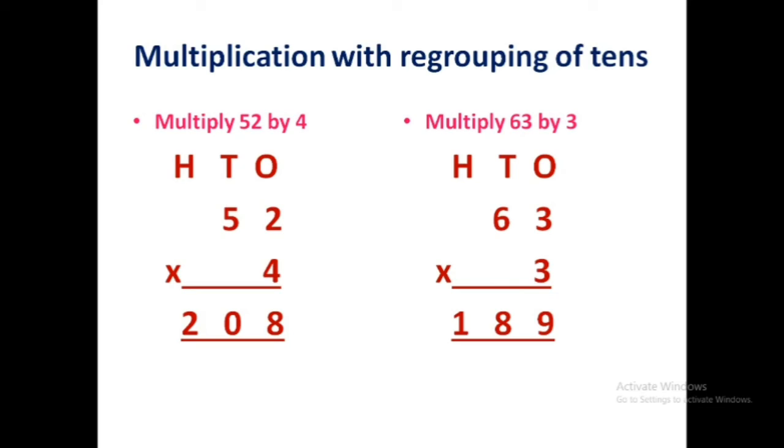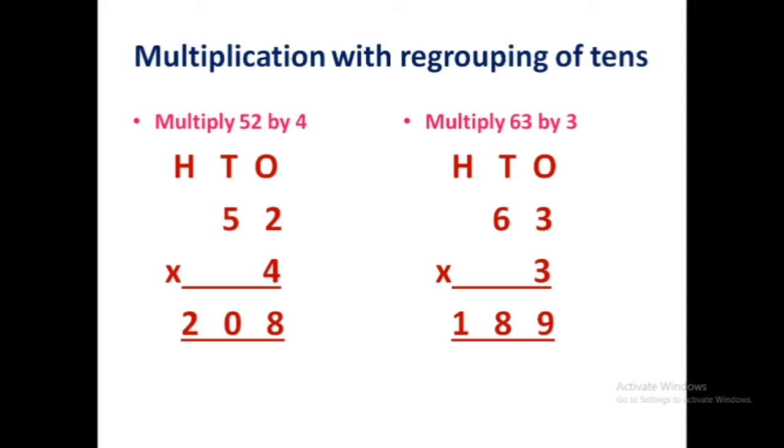And 20 tens is equal to 200. So we have to write 2 in the hundreds place and 0 in the tens place. The final answer will be 208. 52 into 4 is equal to 208.